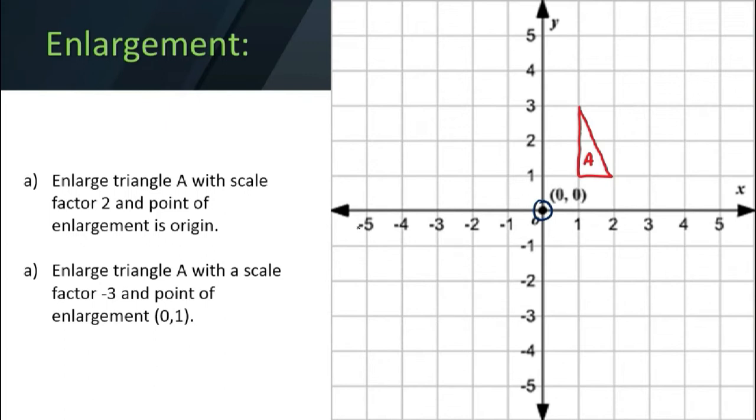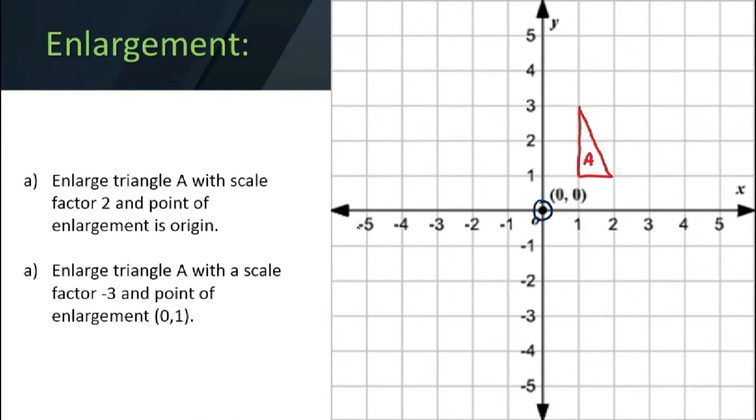Now here if we read the first question, enlarge triangle A with a scale factor positive 2 and the point of enlargement is origin. As we have already marked this origin, we will join each vertex of this triangle with the point of enlargement and extend the line on the same side.